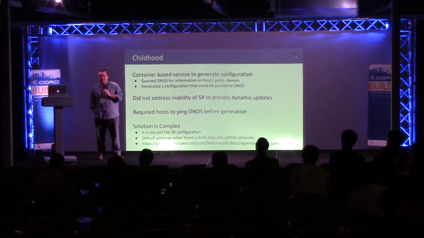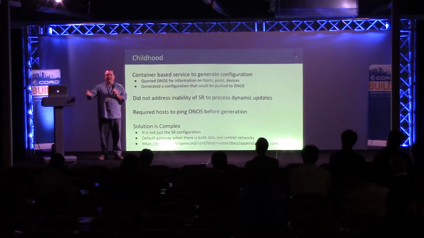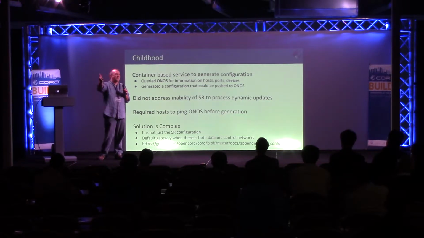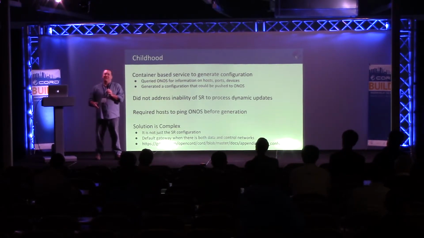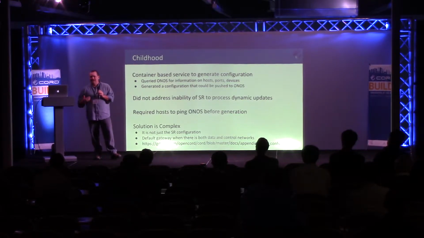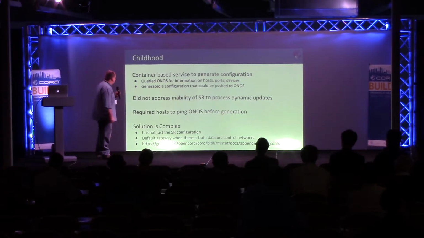So if you're looking at a reboot situation, in order to generate the configuration, you still had to go to every host behind a leaf and say, hey, ping through your fabric interface so that Onos will know about you, so that I can generate the configuration, so then I can push it to Onos, and then I can restart. Again, a very heavy process, not something that was conducive to getting the Trellis up and running quickly and consistently.